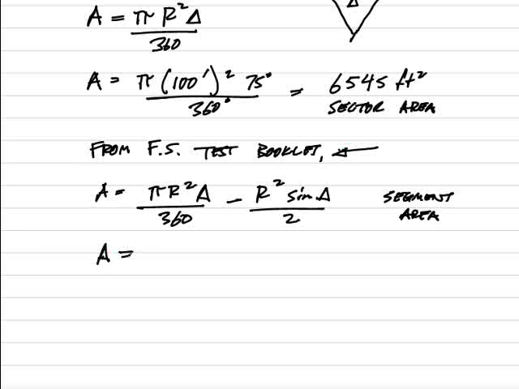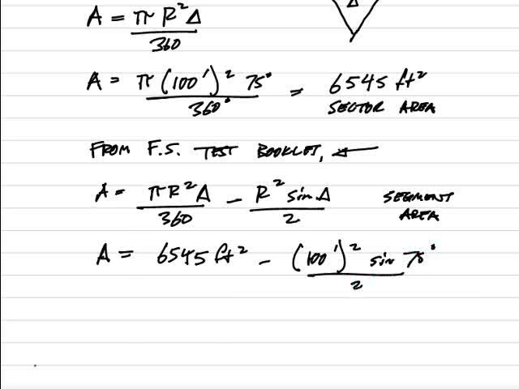So, if I'm crunching numbers here, we already know the first component of this relationship, and I plug in the radius, square that, times the sine of my delta angle, all over 2.